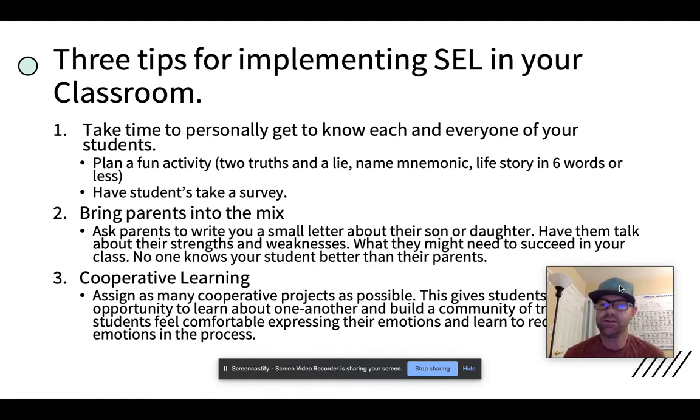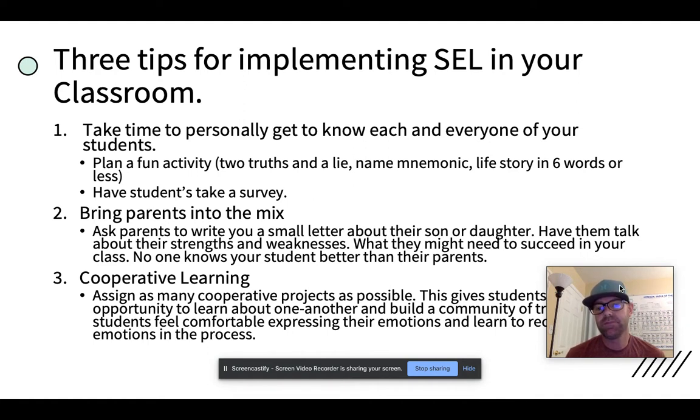I also do a thing called a name mnemonic, where I make them use the letters of their name to create something, to tell us something about themselves. So an example would be a student of mine named Joy. J would be for joyful, O would be for outgoing, and Y would be for youthful. I also like to do something called life story in six words or less, where I have a student tell me their life story, right?